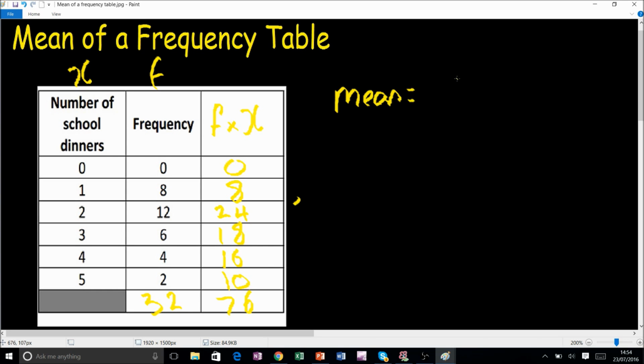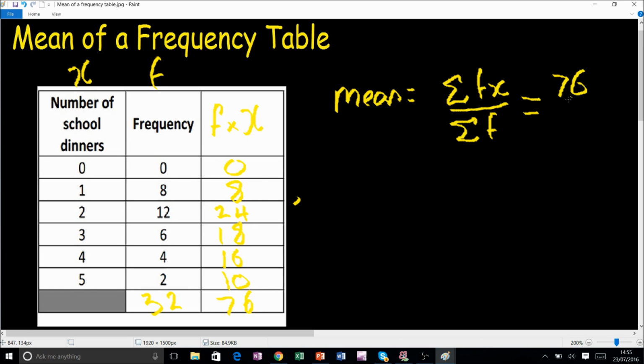Okay, so the mean is equal to the summation of f of x divided by the summation of f, okay, the frequency. Now that sign here basically means the sum of f of x, which is what we've got down below. So when we add up all the values in the f of x column, we get 76, okay?